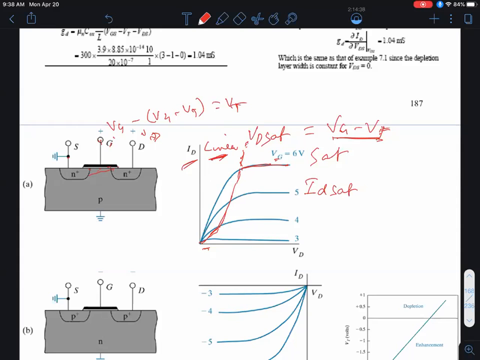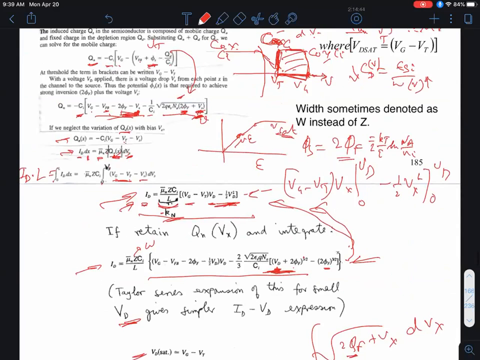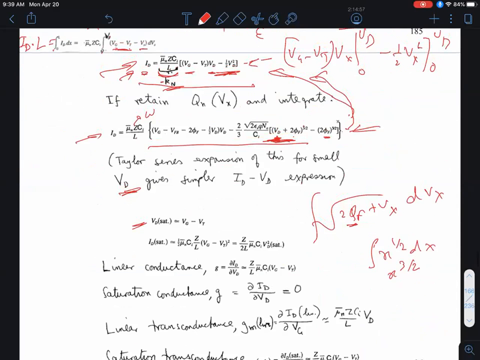In fact, under those conditions, the electric field in the pinch-off region is so high that the carriers will essentially travel at VSAT. So I'm not in the ohmic region anymore. You'll travel at the saturation drift velocity. And that's one of the reasons also why the current saturates, okay? All right, so VD sat is equal to VG minus VT, okay?